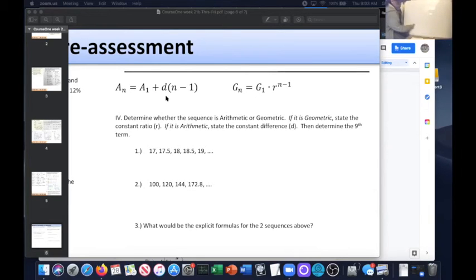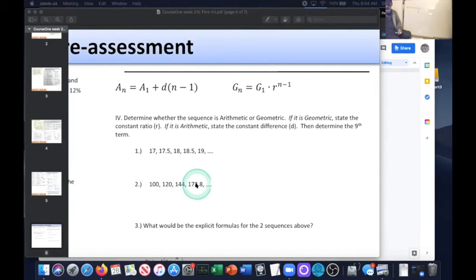And the first term here would be 17. So 17 plus 0.5 times (n minus 1) would be the formula for the first sequence here. Now, if you wanted the ninth term, then you just replace the n with 9.